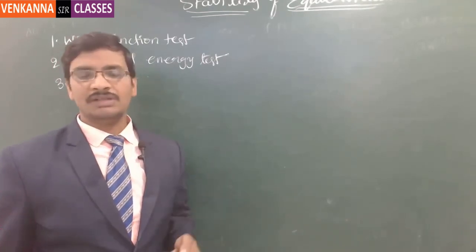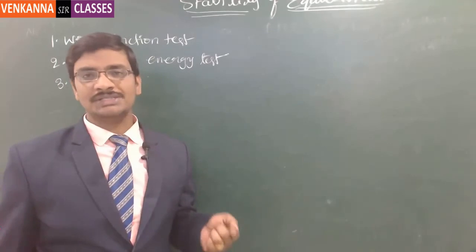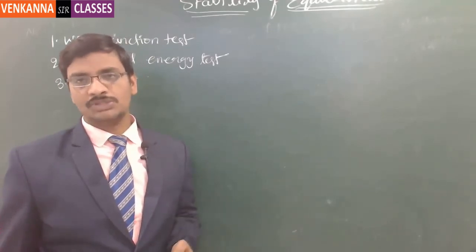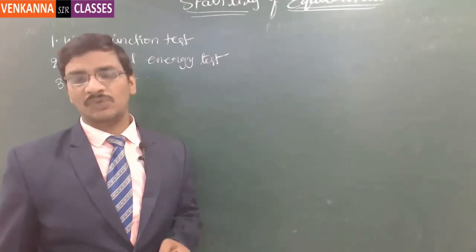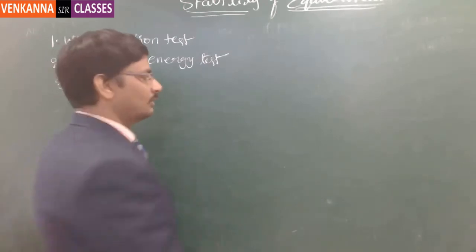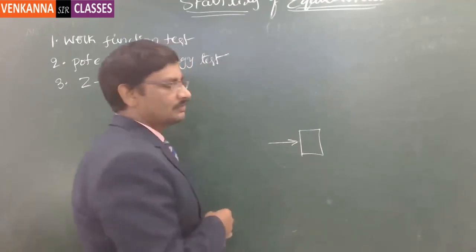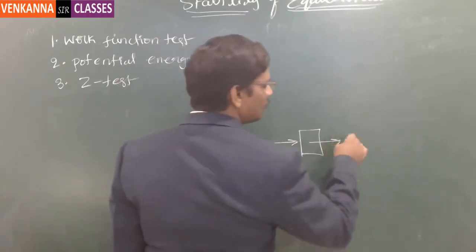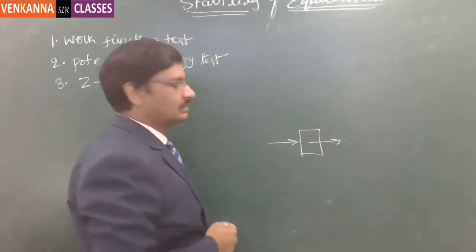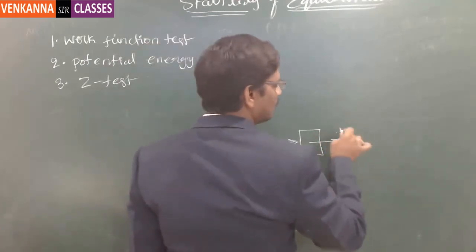Suppose it is the other way, that means the force direction is different and the displacement direction is opposite to it. Then we say that negative work is done by the force, right? So suppose this is the body and the application of this particular force will try to move the body in the forward direction. So this is called positive work done.